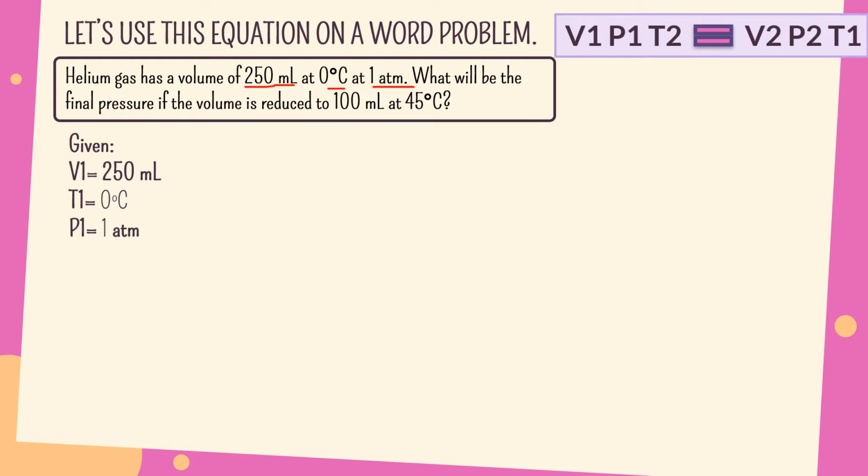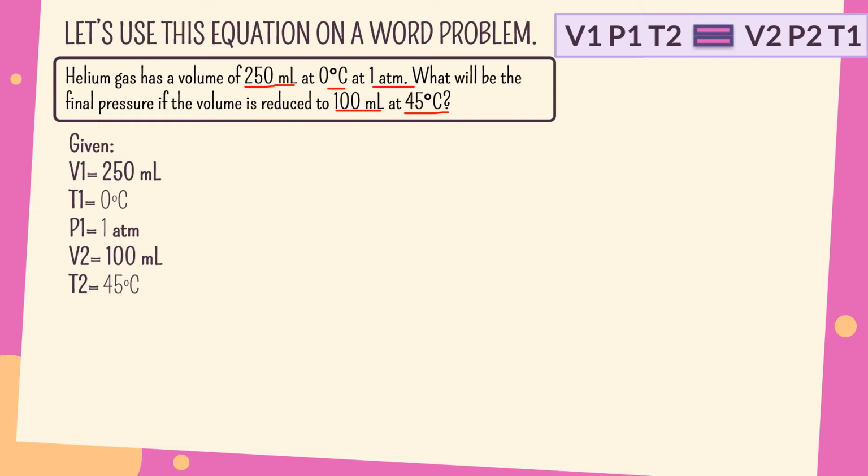Now, after the change, we have 100 ml as our final volume and 45 degrees Celsius as our final temperature. Now, always remember that on a gas, if there is a given amount for temperature, we always need to convert it into Kelvin.